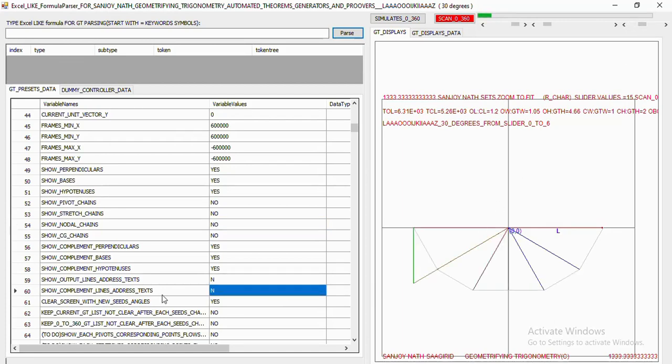The texts are of two types: the output line segment address texts and the complement line segment address texts. One thing I have also said in our previous videos: for every multiplication with any trigonometry ratio, we take one initial line segment and two line segments are generated. Suppose L is multiplied with cos theta, then we take L as the hypotenuse, and the base line segment is generated, that is the output.